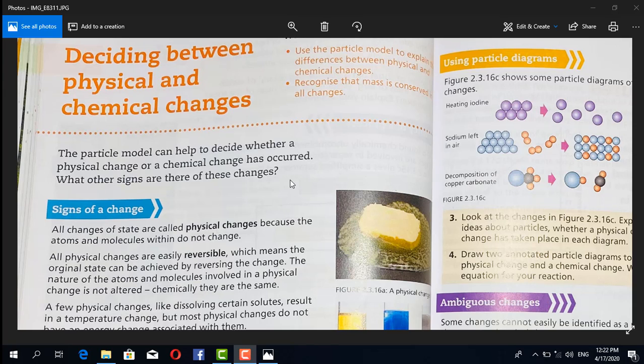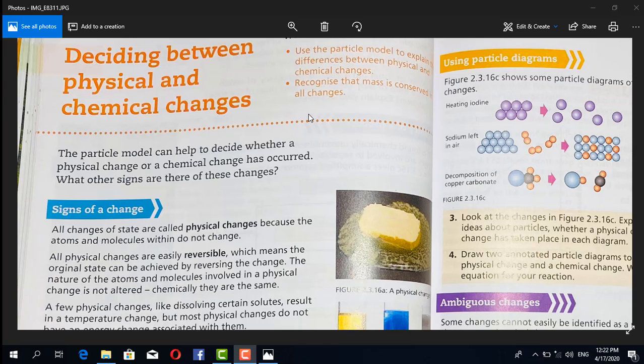For now, the 8th graders, this is the first lesson in chemistry and it's all about how to tell the difference between the physical and the chemical change. For an example here, I had some sort of ingredients, let's say like butter.